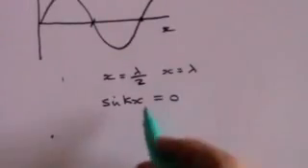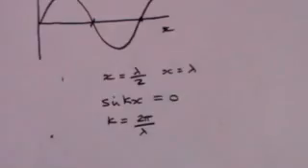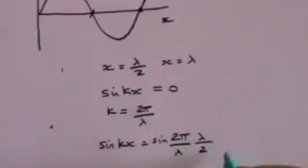And the reason for that is that you'll remember that k was 2 pi over lambda. And so the sine of kx is going to be the sine of k, which is 2 pi over lambda, times x. And x is either lambda over 2 or lambda. Let's do it for lambda over 2 first.